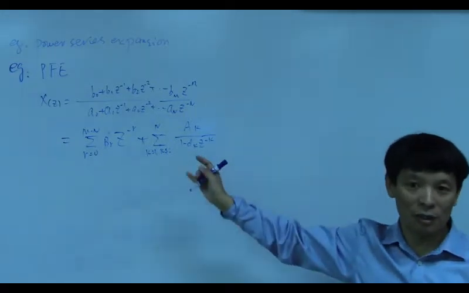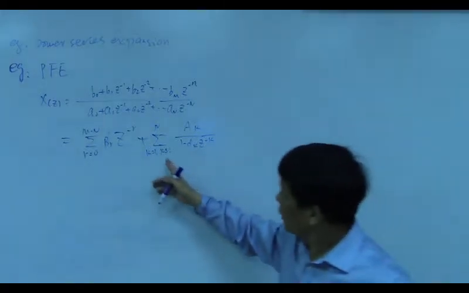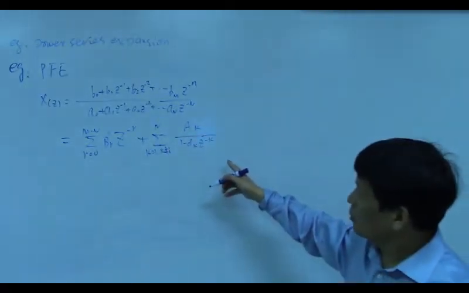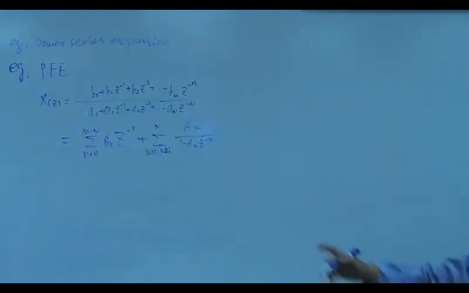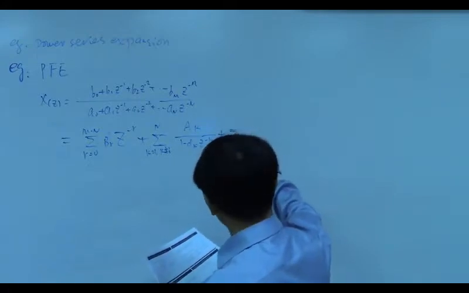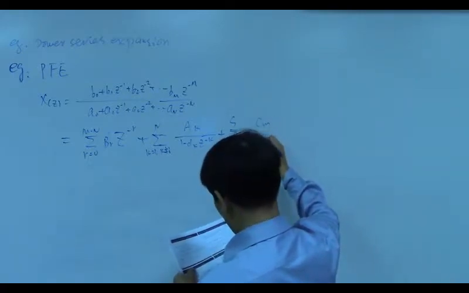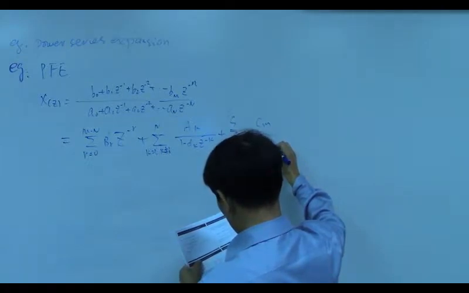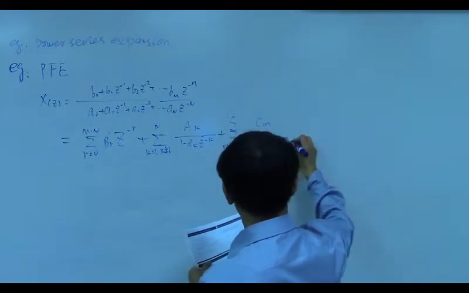Later we are going to use an example to show how to do this. K not equal to i. And this part is for the unique roots. Then we are going to have some repeated roots. So this one will be the sum over m from 1 to s of C_m over (1 minus d_i z to the negative 1) to the power of m.